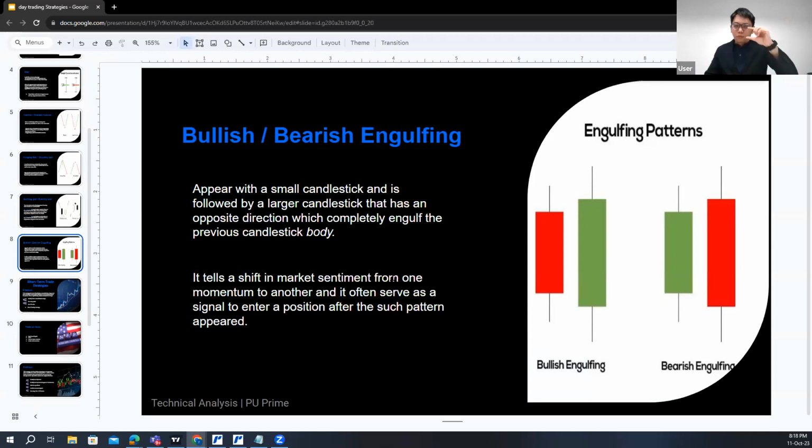After that, we have a shorter bearish candlestick, and then the next candlestick is very big, very solid, very long-bodied, a bullish candlestick. It engulfs the previous candlestick, larger than the previous one. So this one serves as a bullish engulfing.